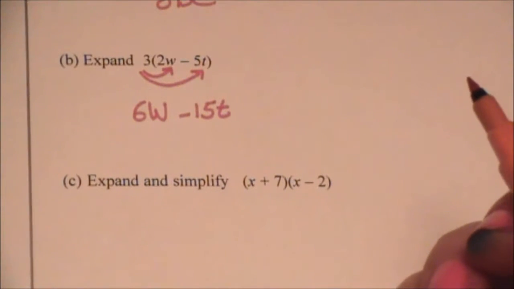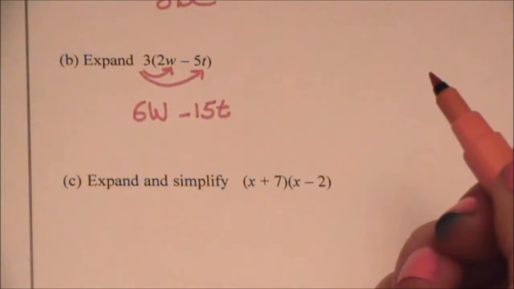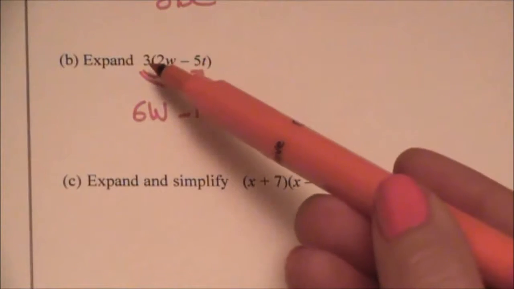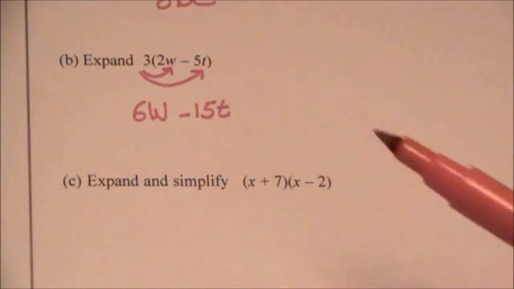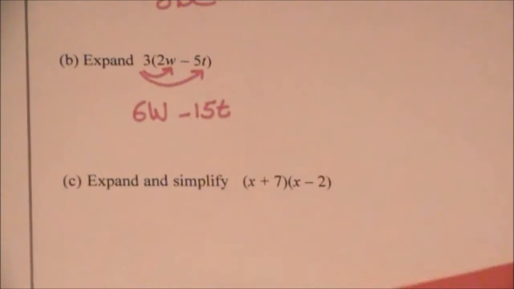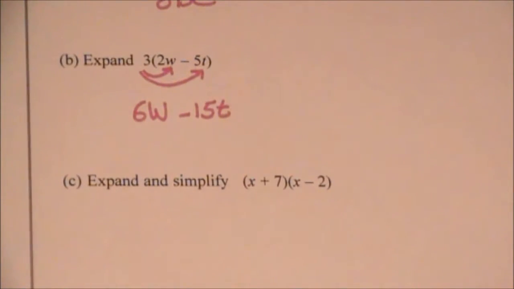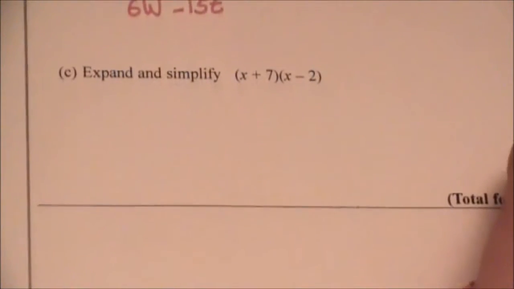So it's 6w minus 15t. That's actually a 2-mark question. You get 1 mark for showing the multiplications, and you get the 2nd mark for the correct answer. So if you got either one of those terms correct, you get a mark, and if you got them both correct, you get both marks.